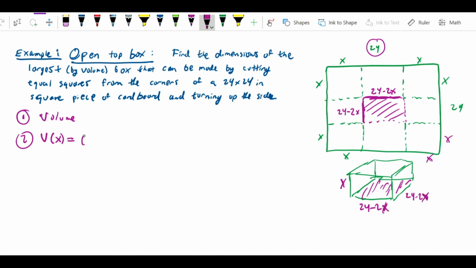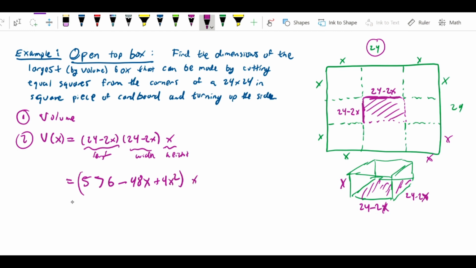So this is going to be 24 minus 2x by 24 minus 2x times x, where this is the length, this is the width that happens to be the same, and this is the height. Simplifying, I've already done the calculation in advance, that's 576 minus 48x plus 4x squared, times x, which equals 4x cubed minus 48x squared plus 576x. So there's the objective function.